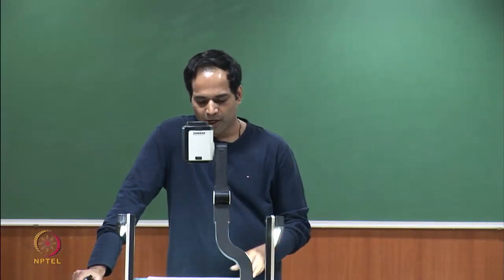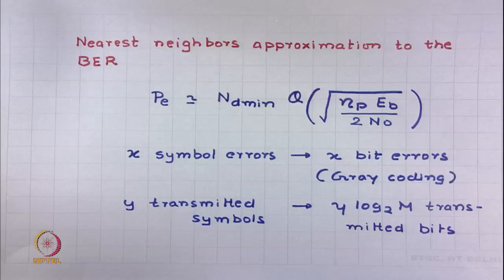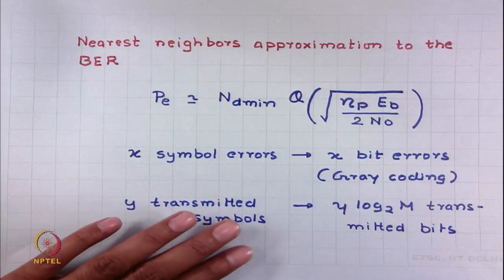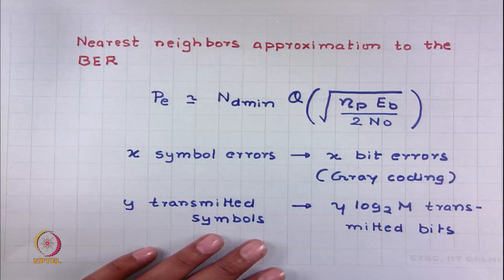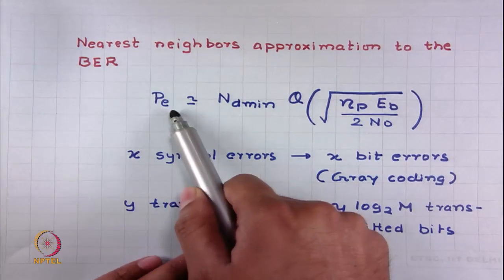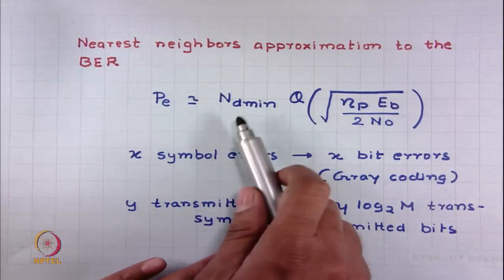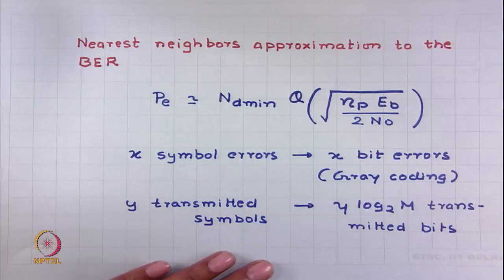Okay. Now, we go and see how to evaluate this bit error rate using this nearest neighbors approximation that we have used for calculating the symbol error rate as well. And remember, this nearest neighbors approximation states that probability of symbol error rate can be approximated by multiplying the number of nearest neighbors with the Q function.